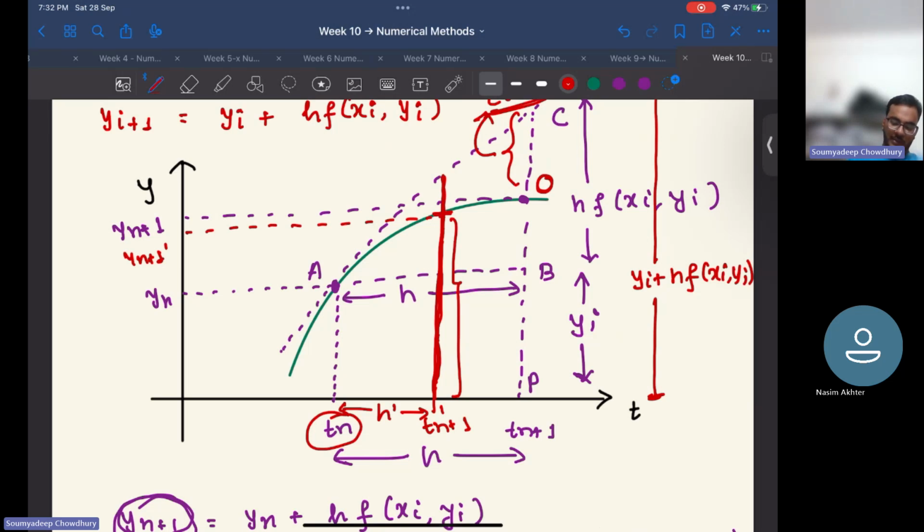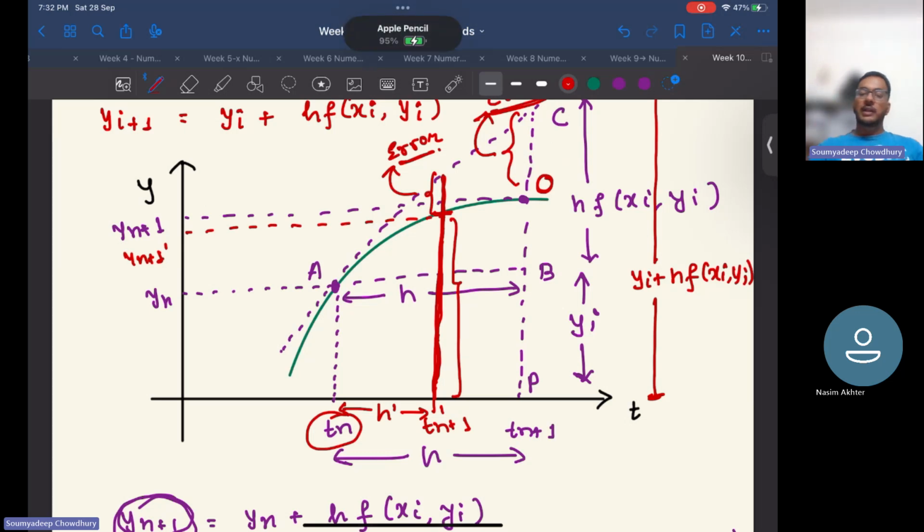And your error you can see here, it has reduced. Just from the graph you can understand. The more closer you bring this Tn plus 1 to Tn, the less will be your error. That is, if h is reduced, the more finer discretization we can have on the curve, the lesser will be your error.